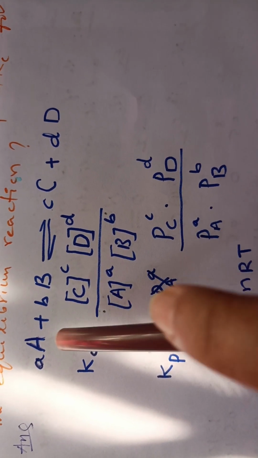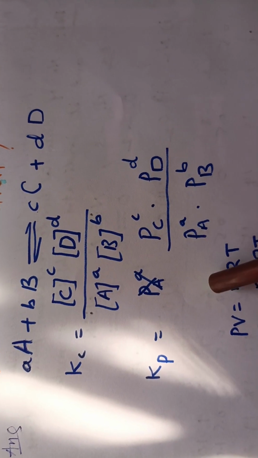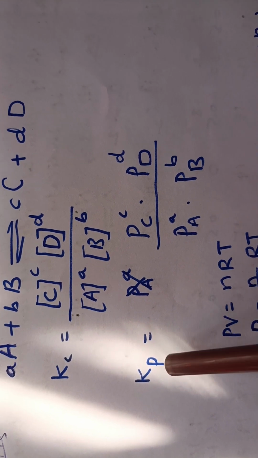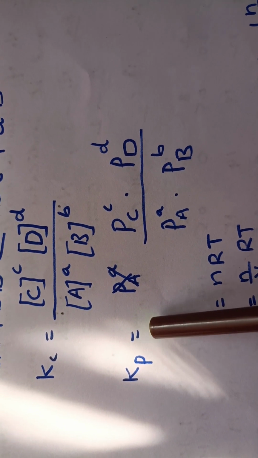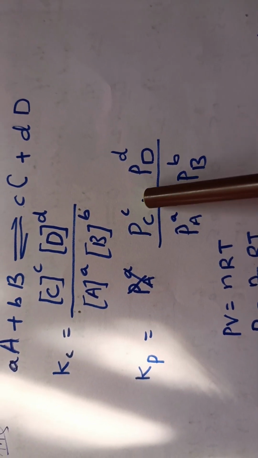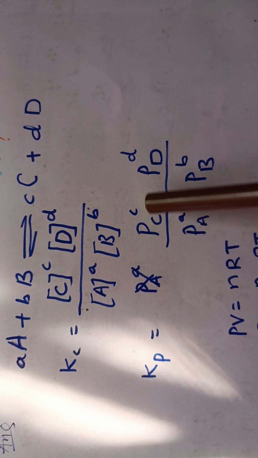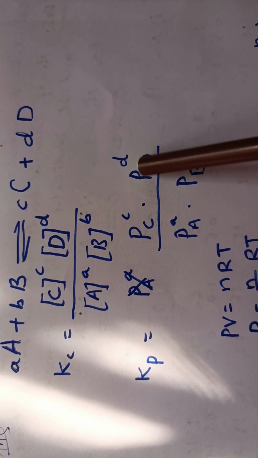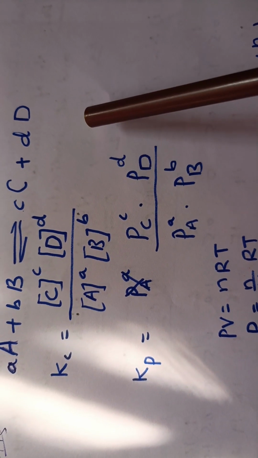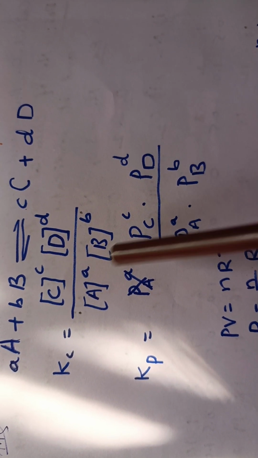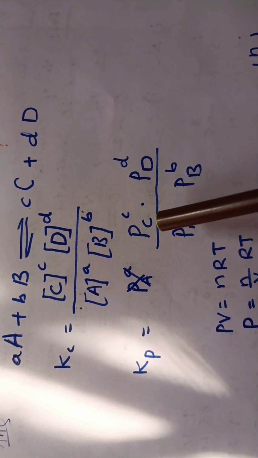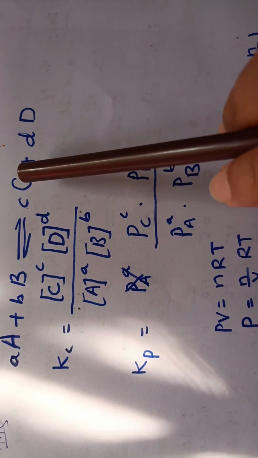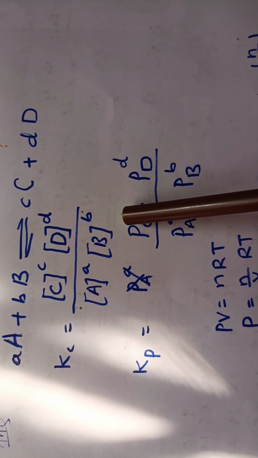In the same way for reactant concentrations, we have to write the equilibrium constant with respect to pressure. Kp equals, this is the pressure. We have to multiply the pressures of products and divide by the product of pressures of reactants. This is the pressure of C product with power c.